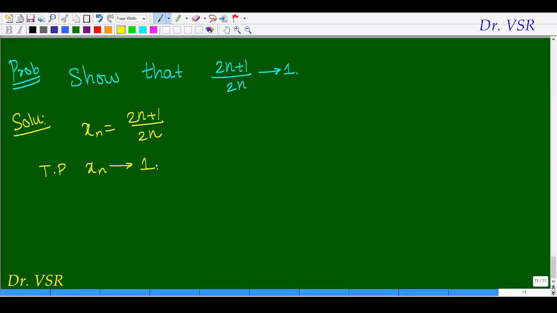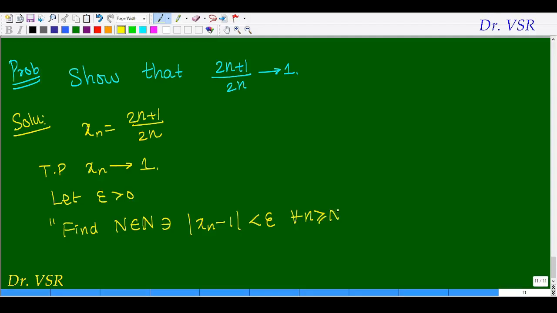Let epsilon be positive. Find a natural number N such that modulus of xn minus 1 is less than epsilon for every n greater than or equal to N. This is our task.